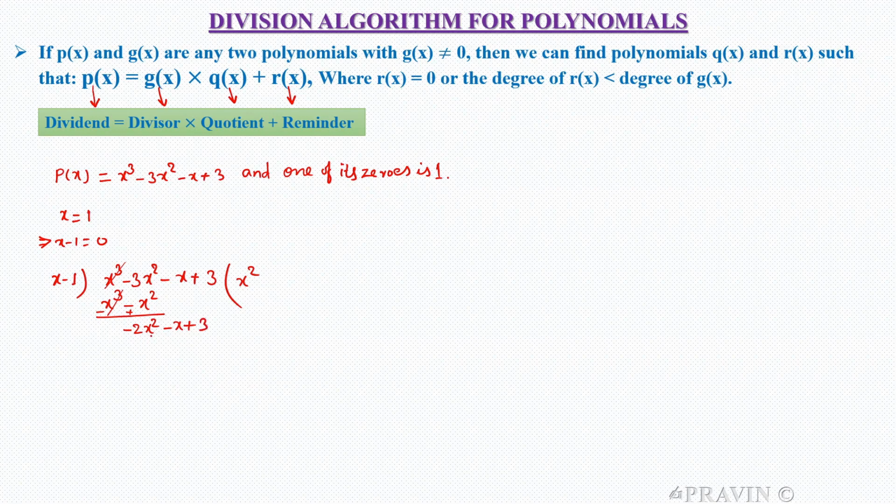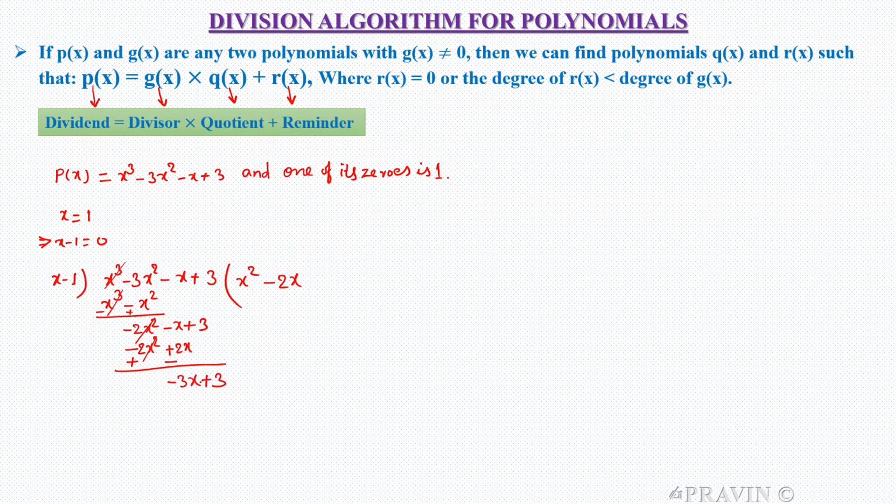Now at this stage the highest degree is 2, and you need to eliminate this term first. For that you have to divide it by minus 2x, and here you will get minus 2x square plus 2x, and while subtracting just change the sign, minus becomes plus, this will cancel out, and here you will have minus 3x plus 3.